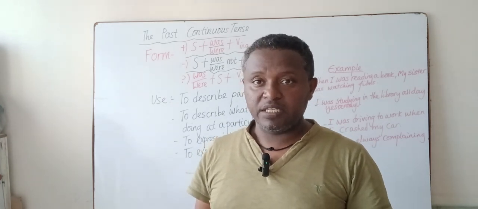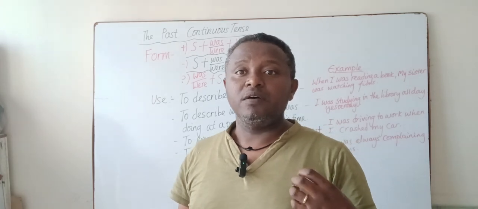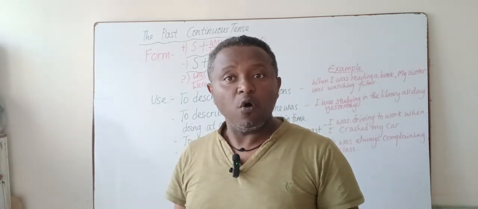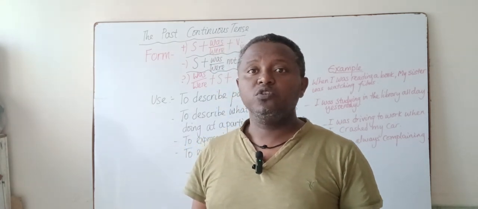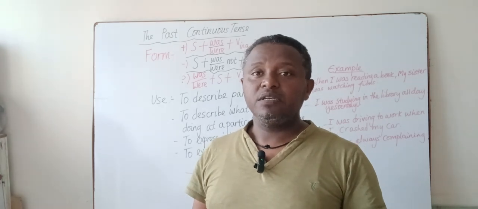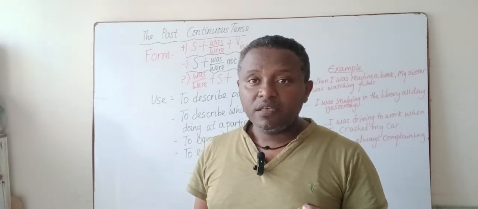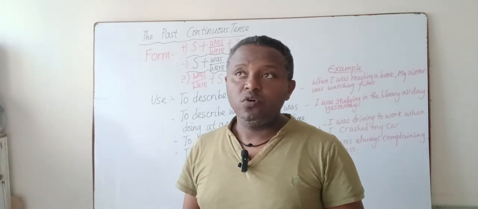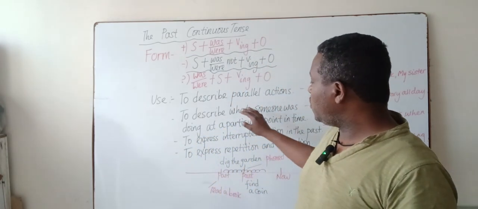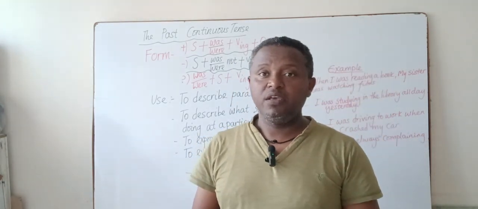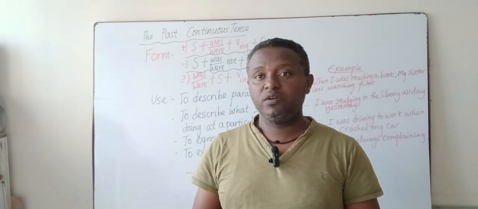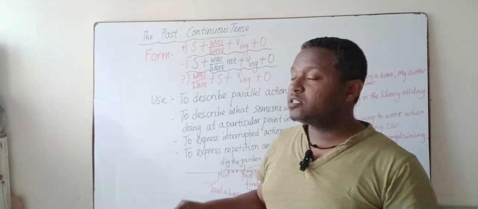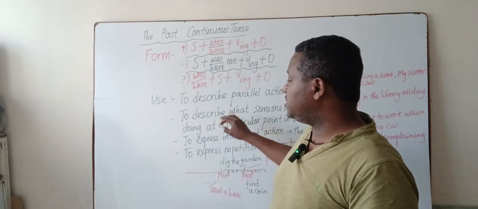You can say, I was reading a book the whole day yesterday, or I was watching films the whole day yesterday, or the whole afternoon yesterday. So when you want to talk about what someone was doing at a particular time in the past, we use the past continuous tense.